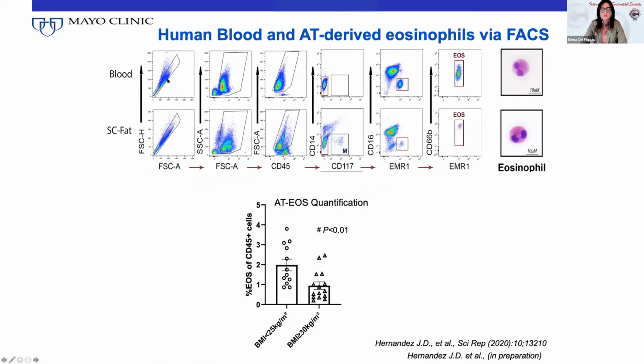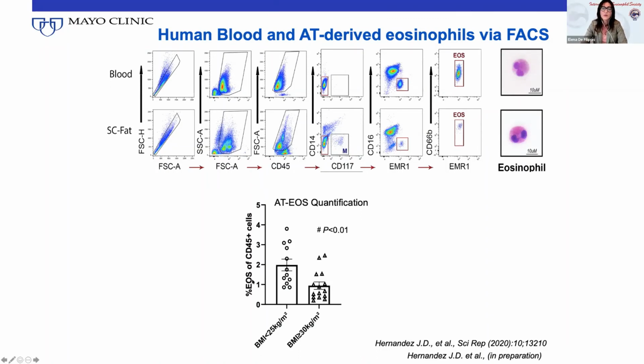We decided to start by creating a scheme starting with the blood sample and translating that to subcutaneous adipose tissue, and using the same antibody scheme we were able to successfully isolate eosinophils. This allowed us to quantify more precisely the adipose tissue content of eosinophils in our subjects.